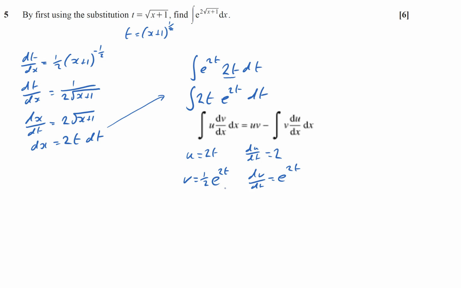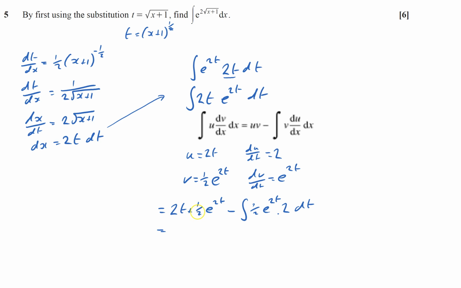And now I can put everything into here, so it equals uv, so that's going to be 2t times a half e to the 2t, minus the integral of v, which is a half e to the 2t, times du by dt, which is 2 dt.